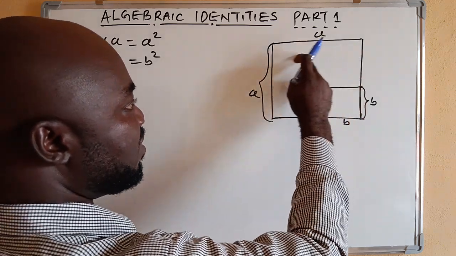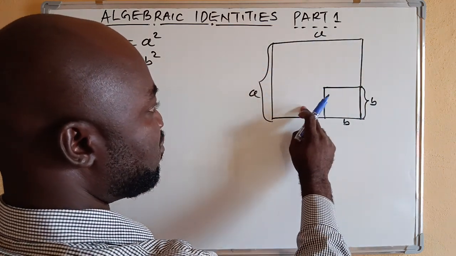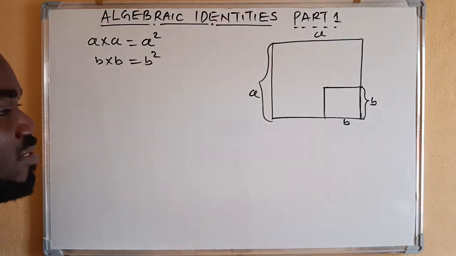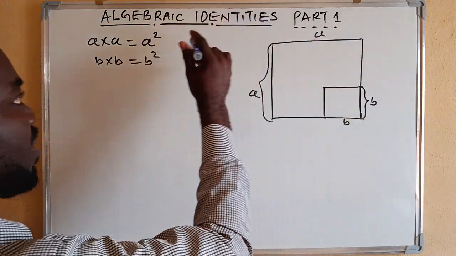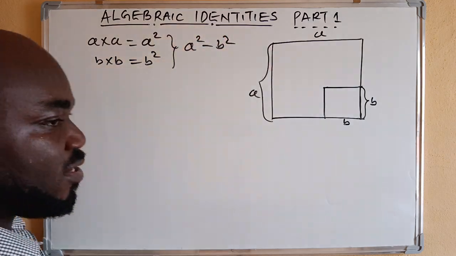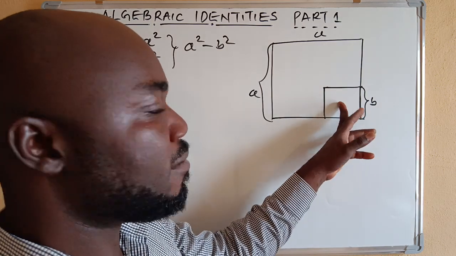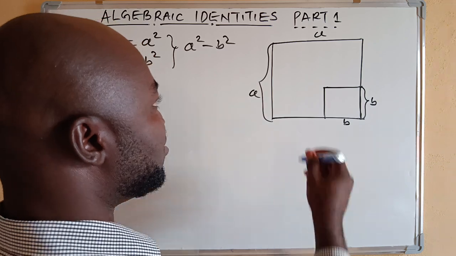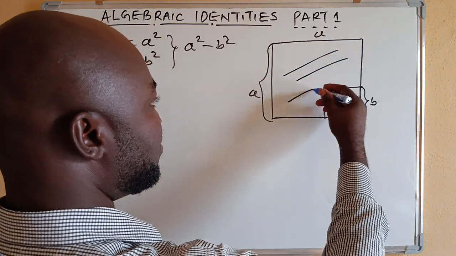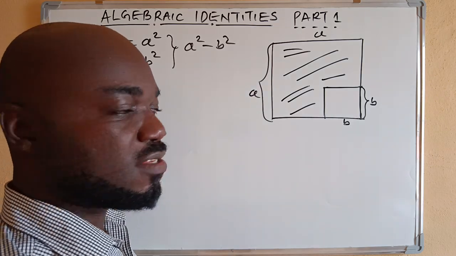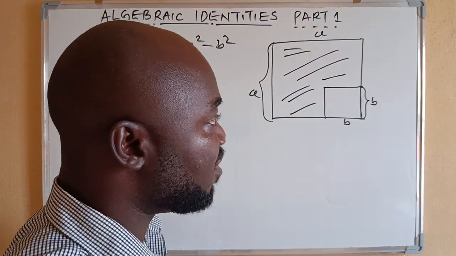So the area of this empty space is the difference of the squares, and that is going to be A square minus B square. If I subtract the area of the smaller square from the bigger square, I'm going to have this shaded region. That becomes the difference of the squares, the area of that region.